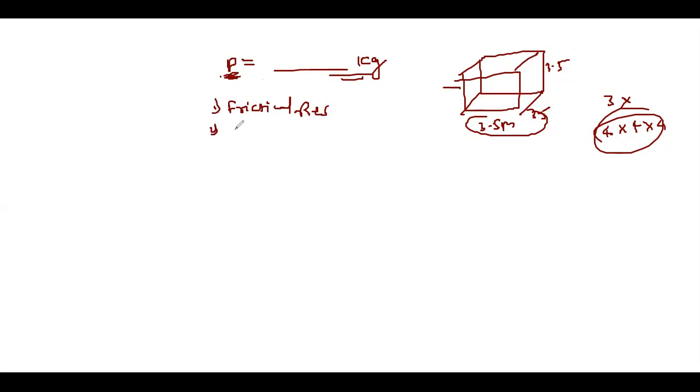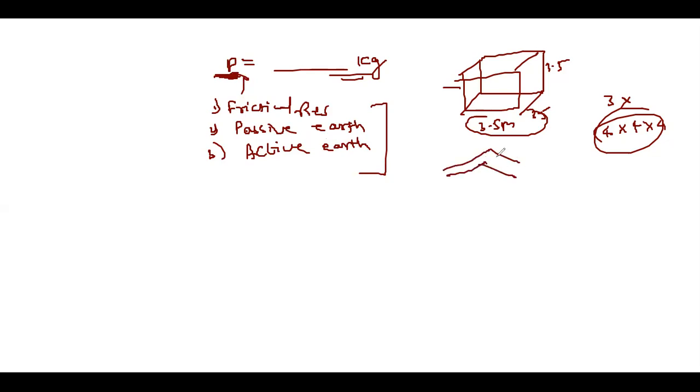Then second, we find the passive earth pressure, and third, we find the active earth pressure. These three forces act against this particular horizontal thrust to keep that pipe joint in its position, to avoid the separation of the joint. So we provide a thrust block here of these dimensions.